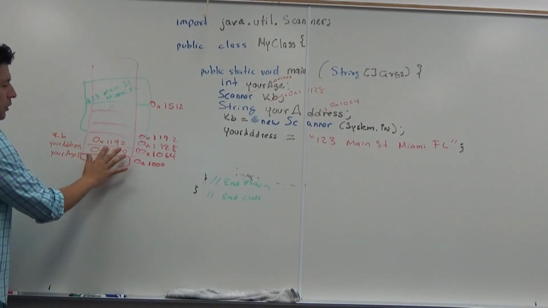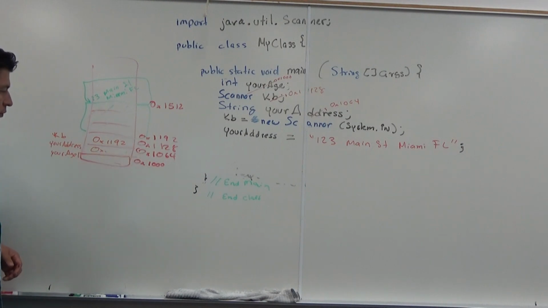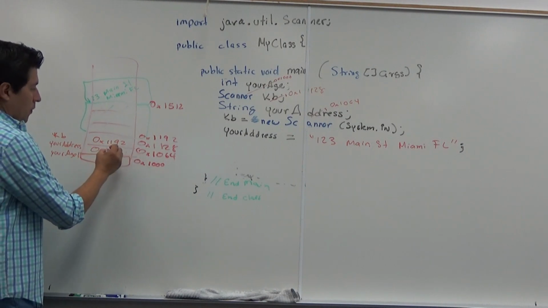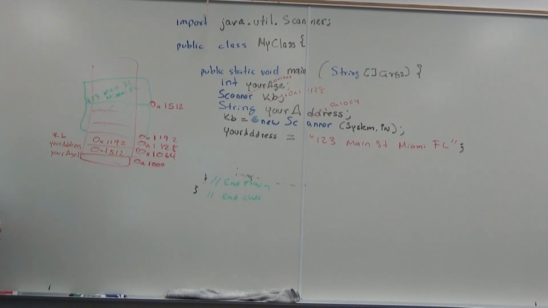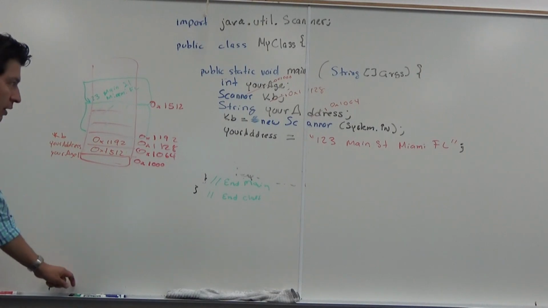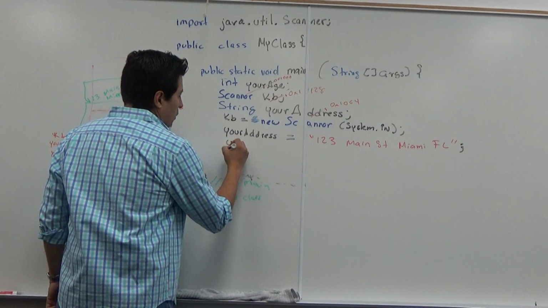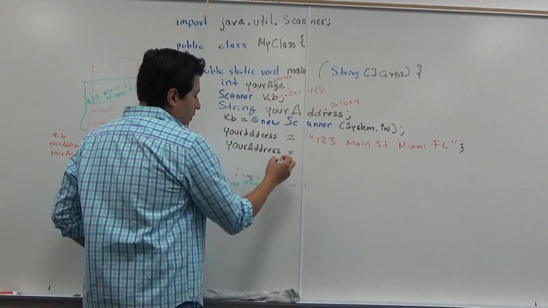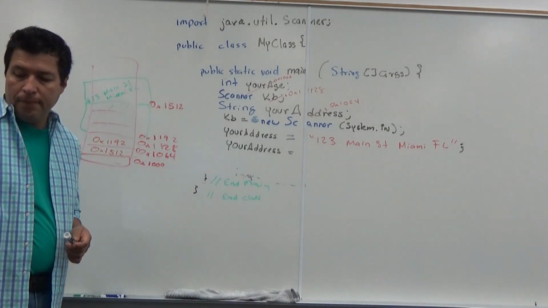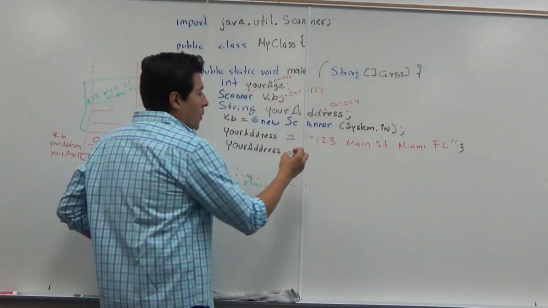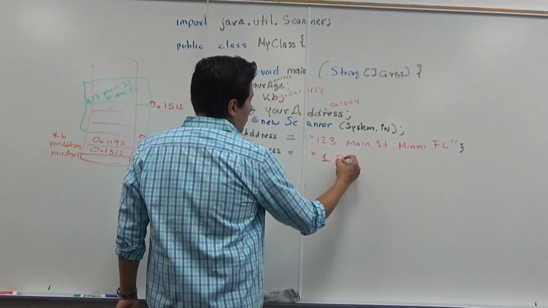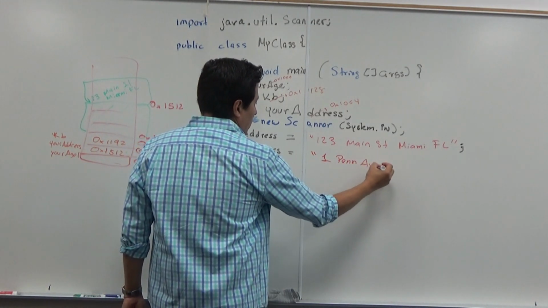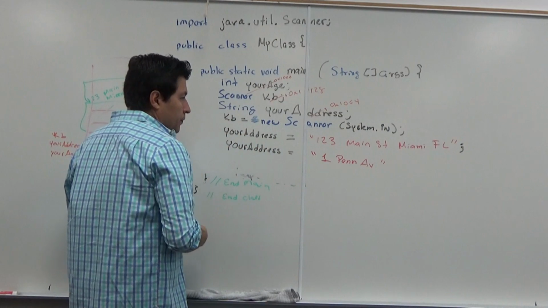So here I'm gonna change this to address. So I don't need to use the new keyword in the declaration. And if I change the address again later, let's say I change it to 1 Penn Avenue or something, whatever you want to call it.